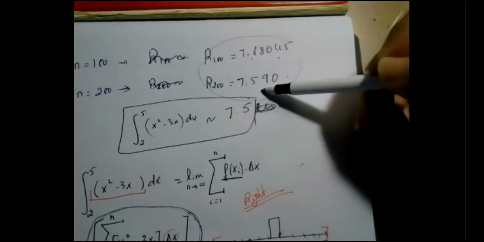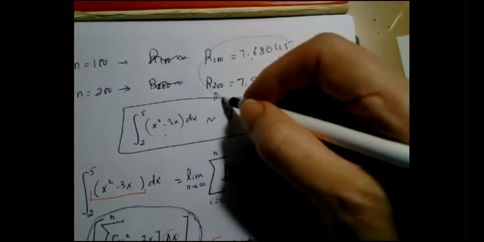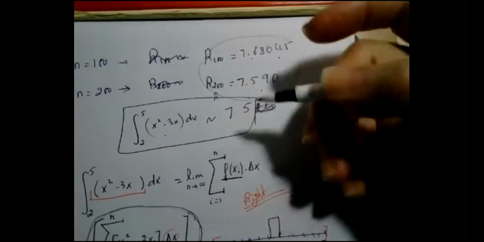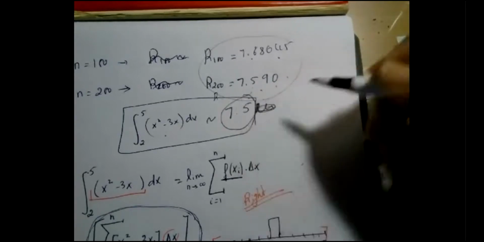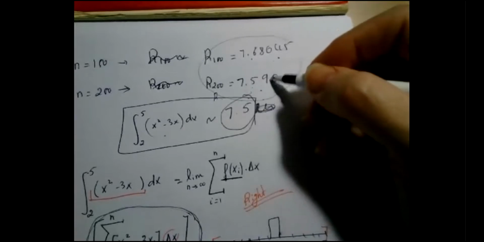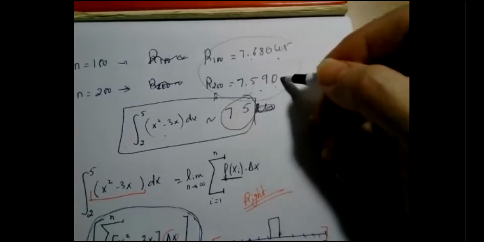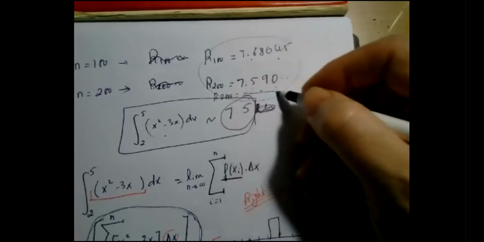Like 7.6, 7.5, those were still very far. So if I want to really find the value of the definite integral, I would have taken more subdivisions. That's why I took 2000 on the board and 3000. That's when I started realizing we're hovering around 7.5. But is it 7.5 or 7.6? That was still not clear, so I went ahead and computed 2000.